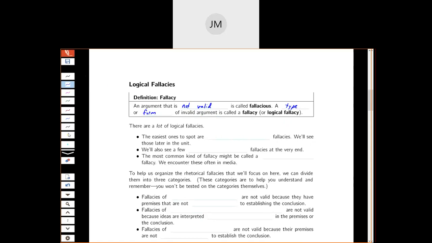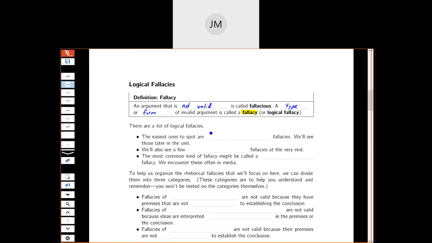Okay, so that's the thing that we're really looking at here. What is a fallacy? Our opening statement here is that it's an argument that is not valid. And there's lots of them out there. There are many different types of logical fallacies. We'll just go over a few select ones, but before we go into some specific examples, we're going to talk about some categories of fallacies, like how would you even group them together.